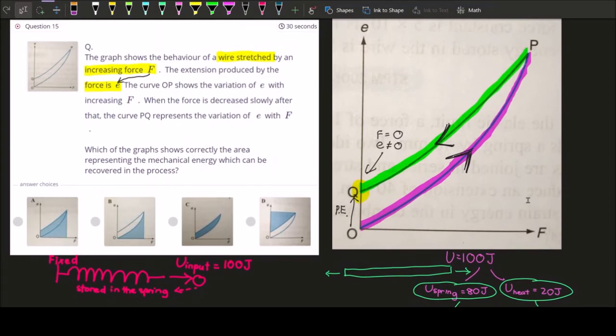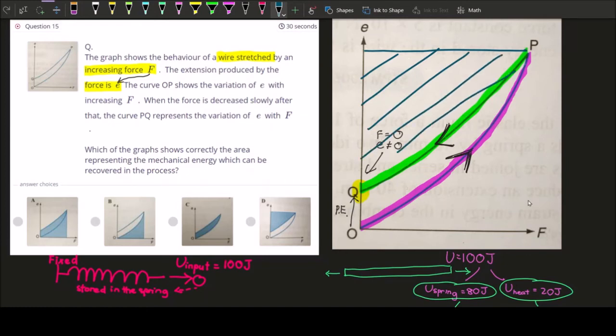So with that said, what does it mean? If you base it on the graph here, this whole area under the graph is the amount of energy you input to stretch the wire.